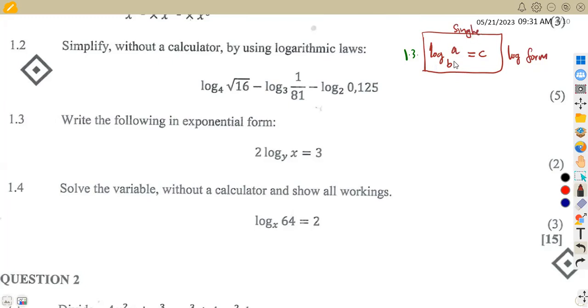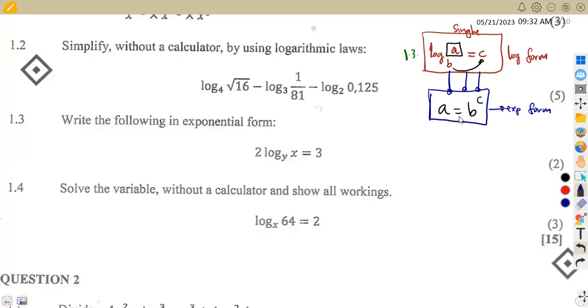So when you've got a single log like this, you can convert this to exponential form: a is equal to b to the exponent of c. So we can write this now in exponential form. So we can only rewrite in exponential form when we are given a single log.